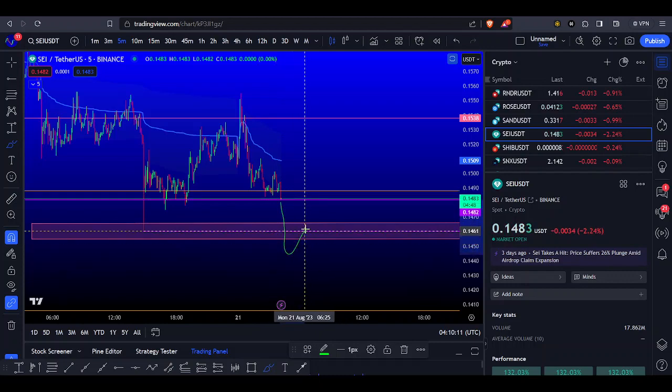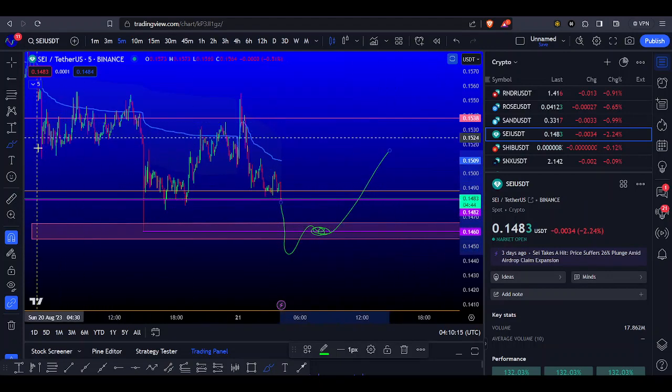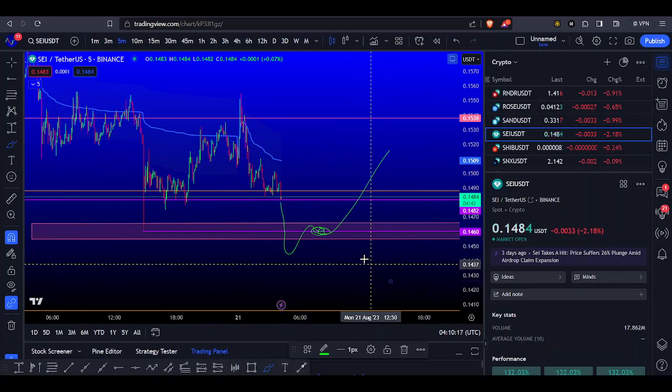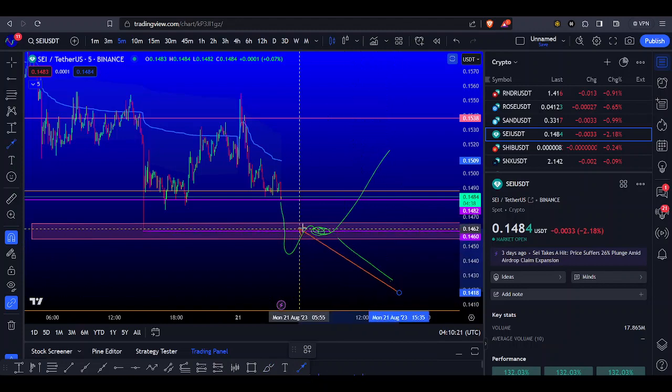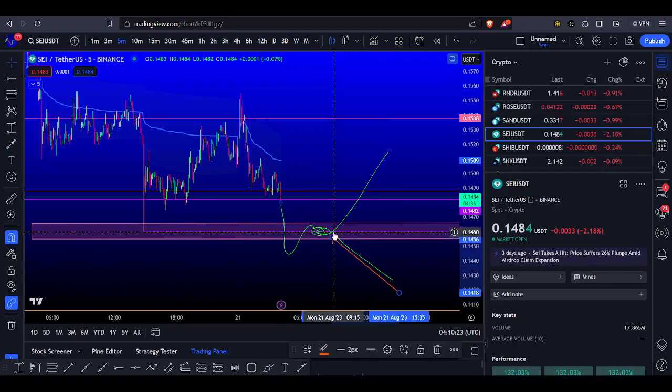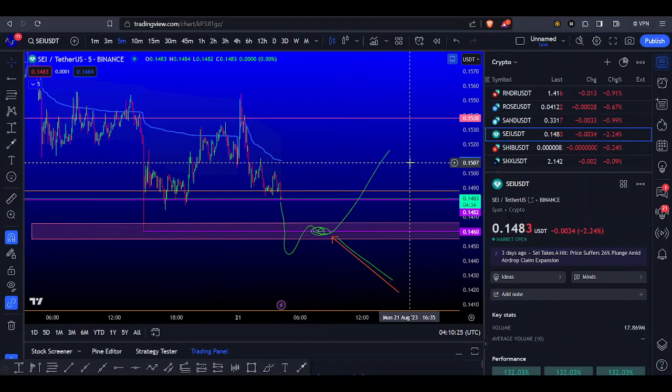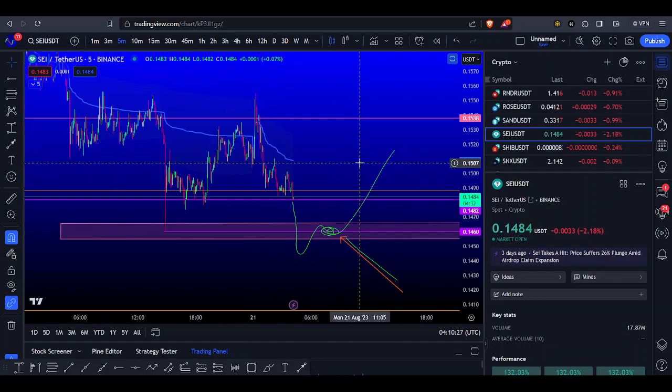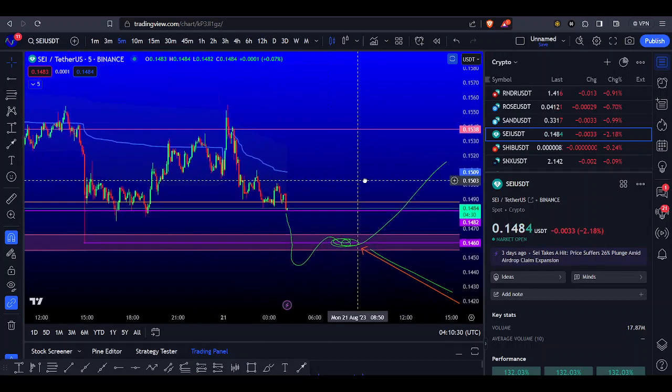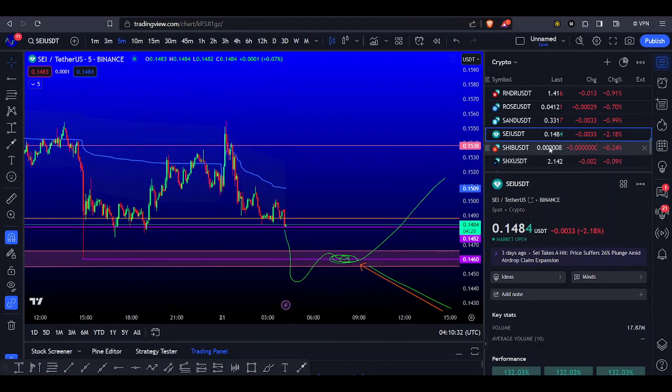Wait for the lows to be swept, wait for this area to be reclaimed before moving higher, and then that's where I would be looking to long. Right there, if that low is reclaimed. Until then, we just hold off, we stay patient, and just wait for this move to happen.